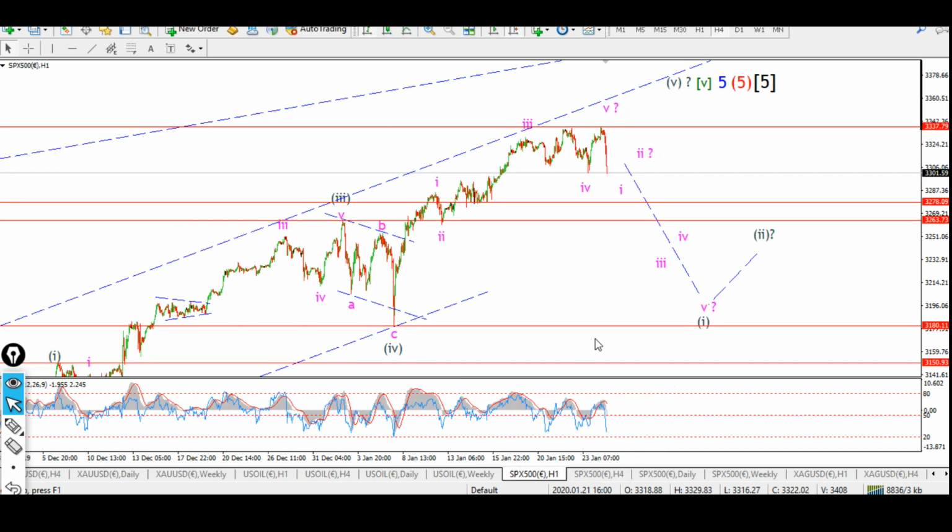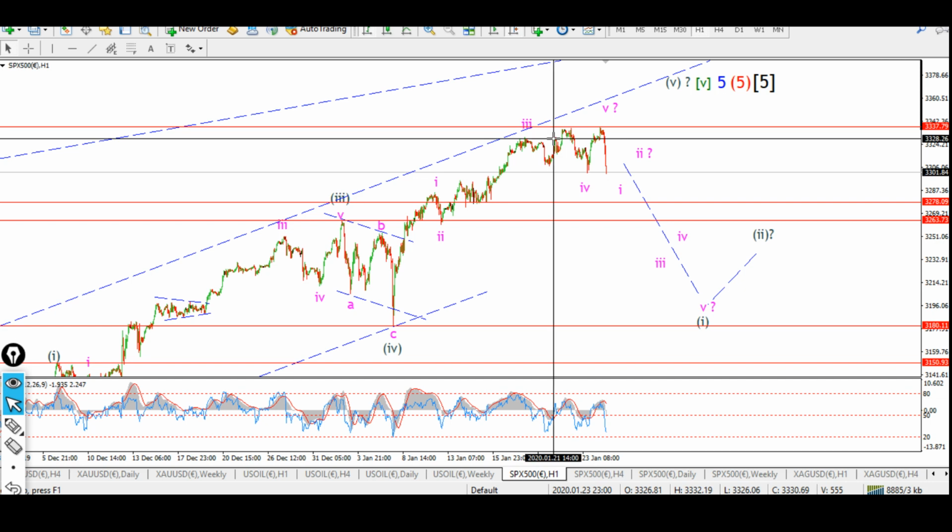Okay, so let's get into the hourly chart. If wave 5 in blue is complete, well then we should have a complete wave 5 in green, and we should have 5 waves up complete in wave 5 in gray. So today that alternate account got triggered with that early rally, but we sold off that rally again in pretty reasonably strong fashion.